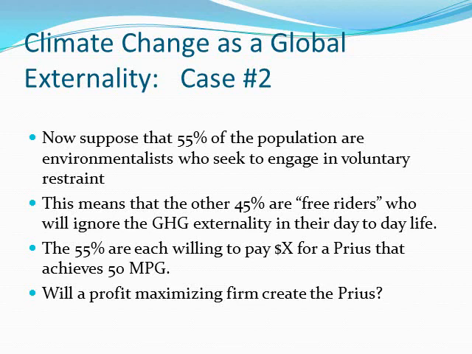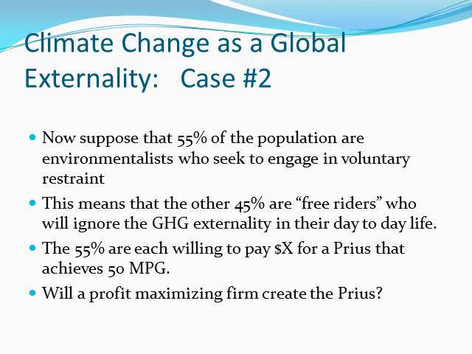They're just going to ignore their greenhouse gas externality in their day-to-day life. Let's make an assumption. The 55% want to reduce their greenhouse gas emissions, but at first they only have access to a Hummer. Each of the 55% is willing to pay X dollars, and we're going to solve for X in a moment, for a Prius that could achieve 50 miles per gallon. So for 55% of the population, they want a cleaner car.